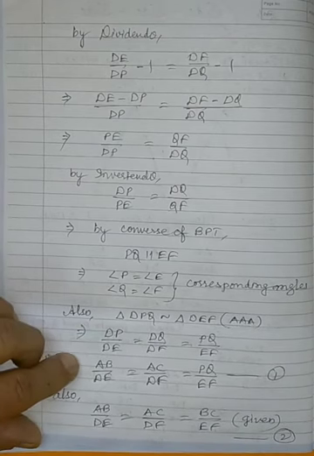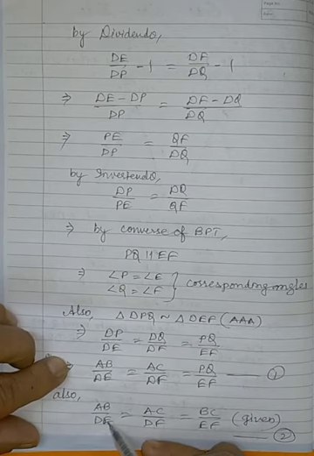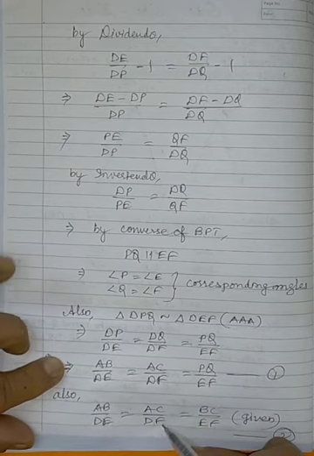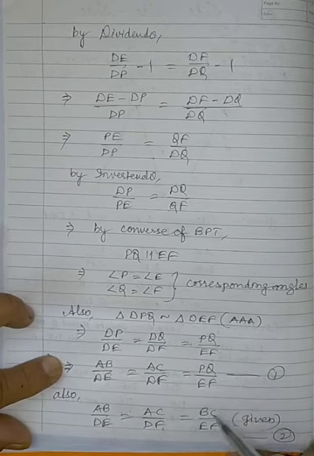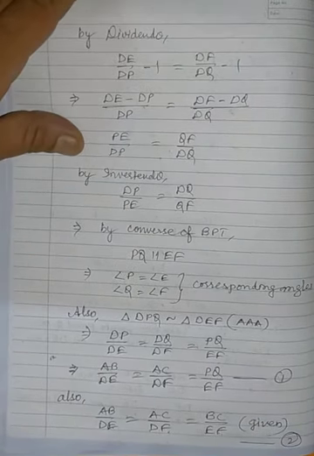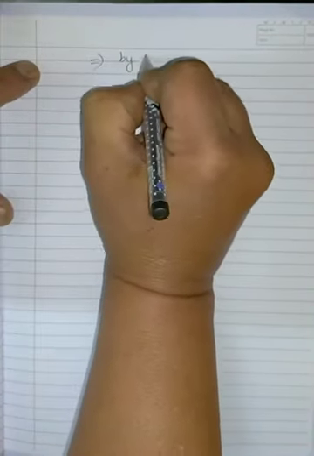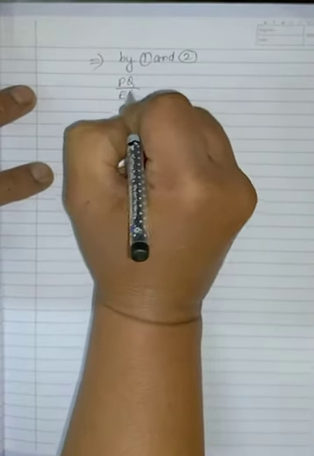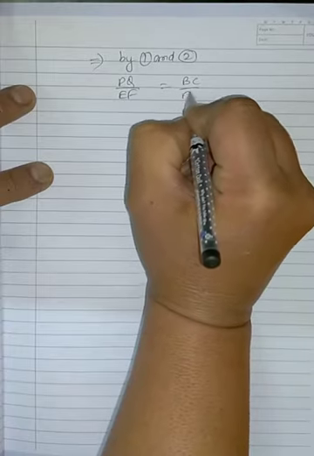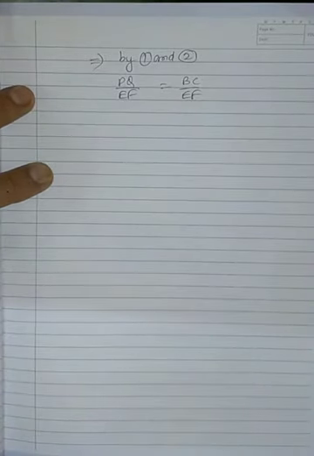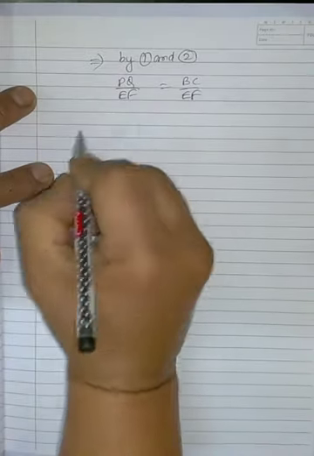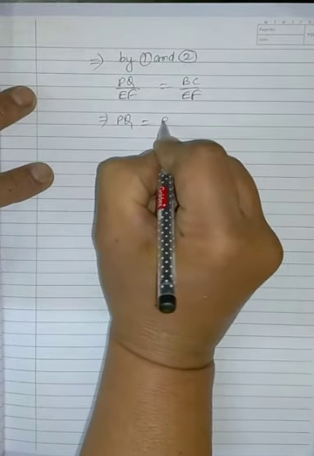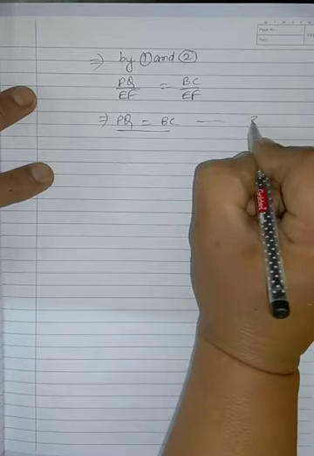Let this be second. So AB upon DE is equal to AC upon DF is equal to PQ upon EF is equal to BC upon EF. So by 1 and 2, PQ upon EF is equal to BC upon EF. Right? So EF cancels, we get PQ is equal to BC. Let this be the third.